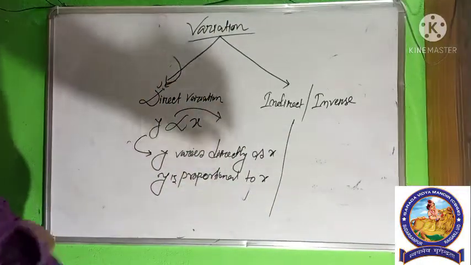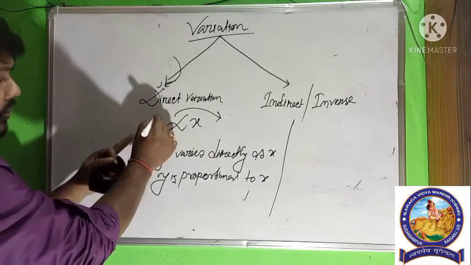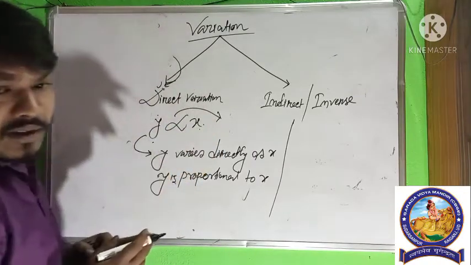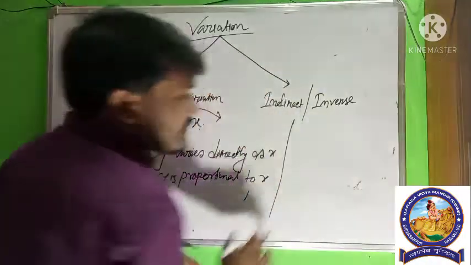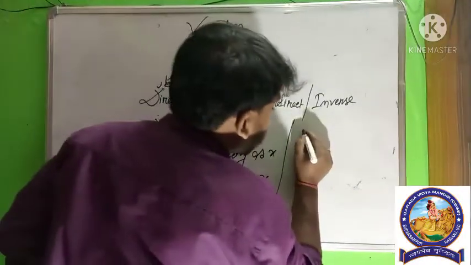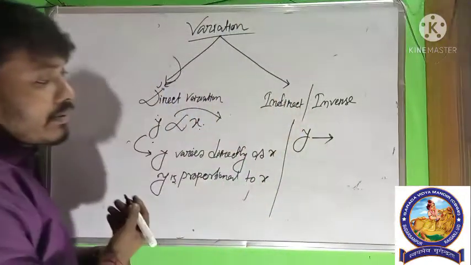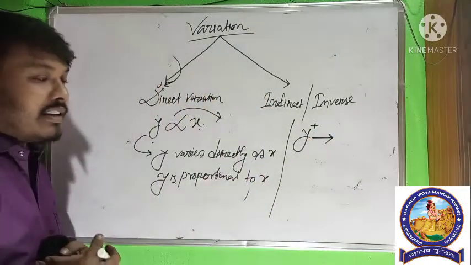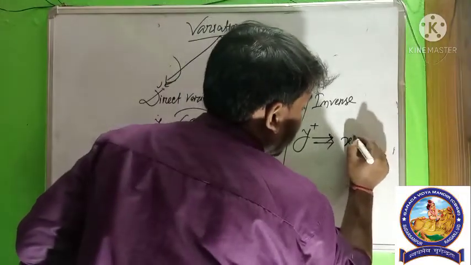And what is indirect variation? Here also it is the same concept. In direct variation, if one value increases, then the other value also increases. If one value decreases, then the other value also decreases. But here it is inverse, that means opposite. If the value of y is increased, y plus, then it implies the value of x decreases, x minus.